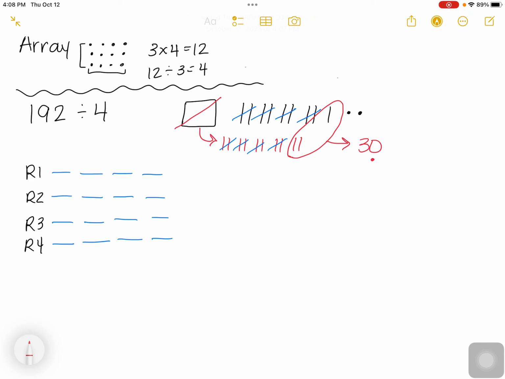This will also take me a really long time to just count them out, like 1, 2, 3, 4, 5, 6, 7, 8, 9, 10, 11, 12, 13, 14, 15, 16, 20, 24, 28.